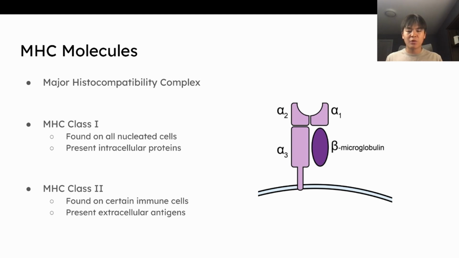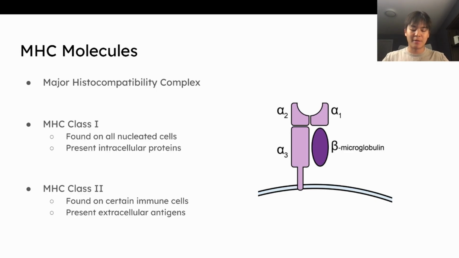Either way, class 1 molecules, what are these? Well, these are molecules that are found on all nucleated cells. So this doesn't include red blood cells, but it does include, let's say, your skin cells, all your immune cells, your liver cells, heart cells, all of it. And what they do, you can almost think of them like a window into the protein activity in the cell.